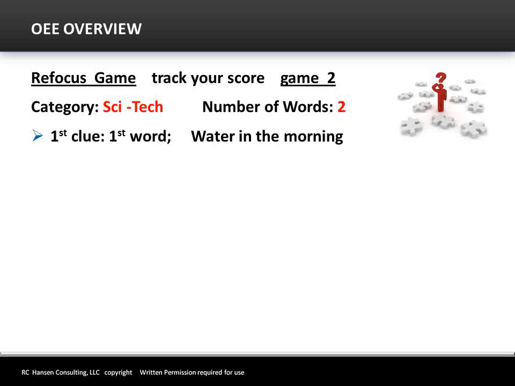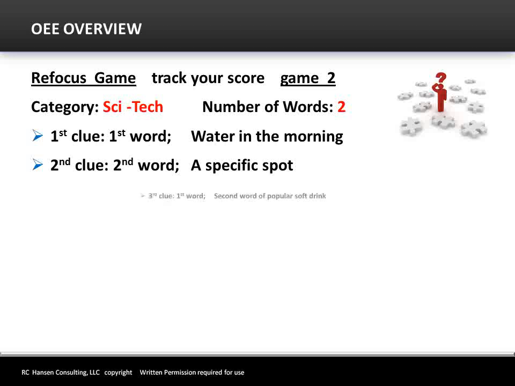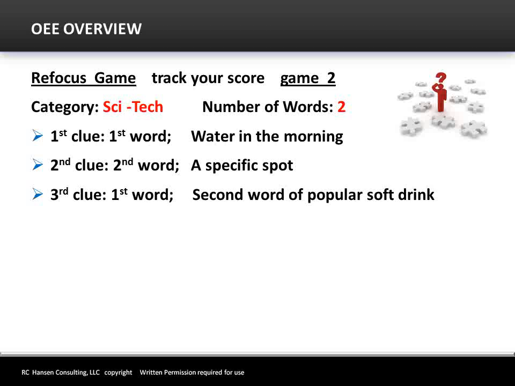First clue. First word, water in the morning. Second clue. Second word, a specific spot. Third clue. First word, second word of a popular soft drink.